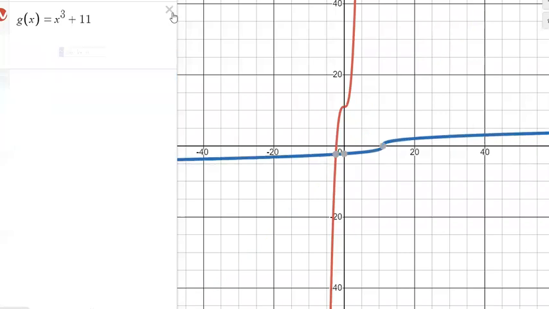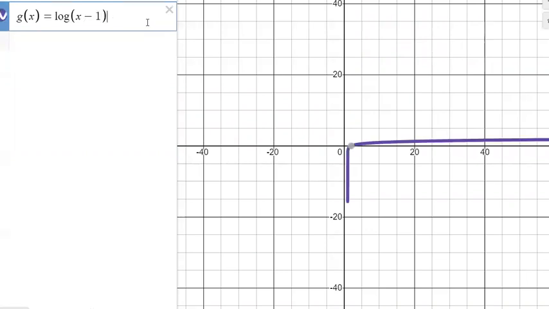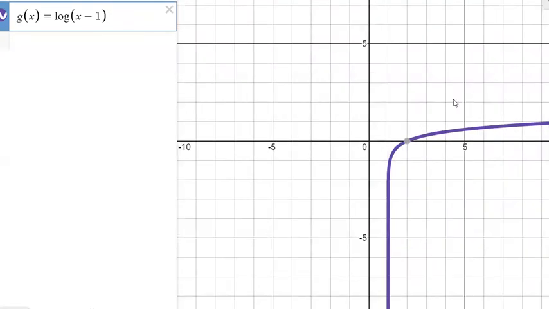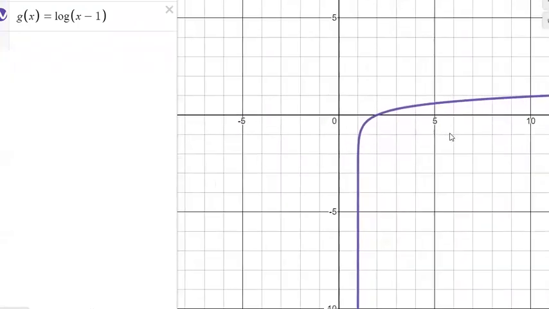Okay, get rid of all this stuff. g of x equals log of x minus 1. That's my function. I'm going to zoom in on it. So which x values show up and which ones don't?